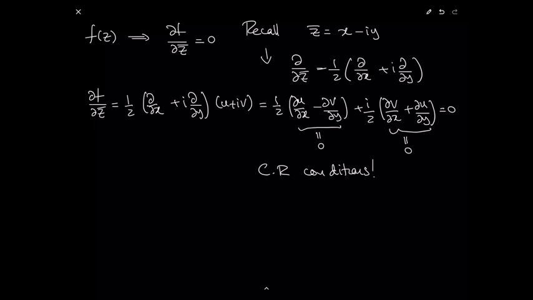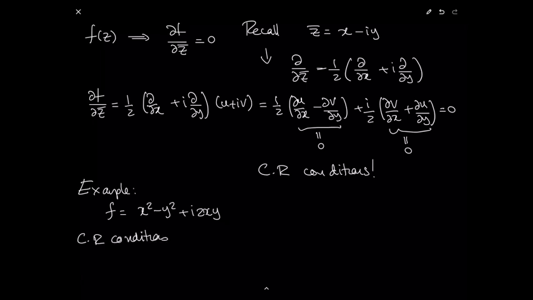Let's consider some examples. The first example I'm going to consider is the f1 we had in the last lecture. Let me write it out again. We have that f equals x squared minus y squared plus i 2xy. Okay? And let's apply the Cauchy-Riemann conditions.